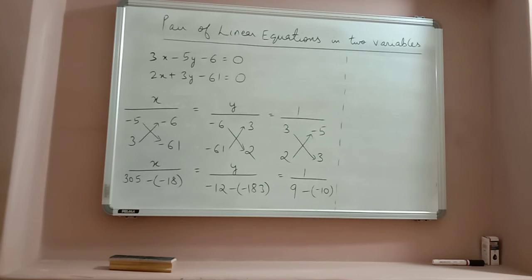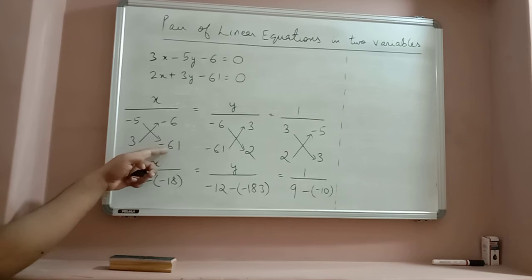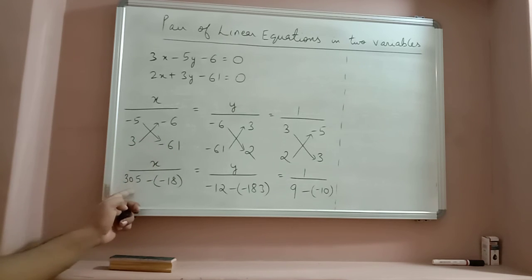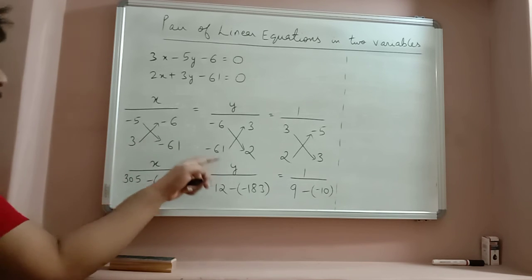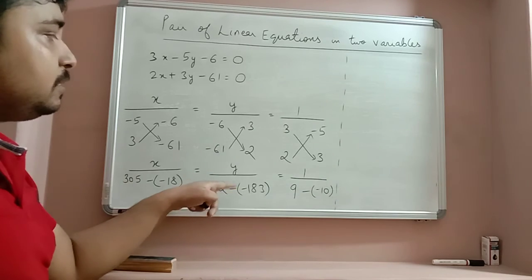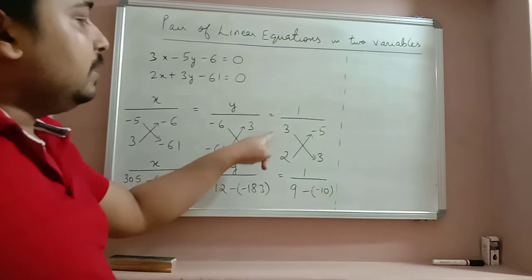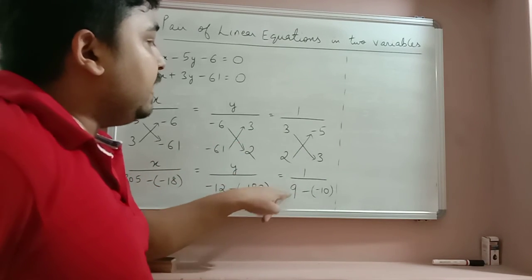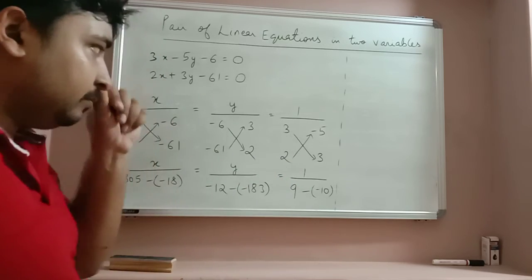Let's recheck our calculations. x divided by 305 minus 18, y divided by minus 12 minus 183, and 1 divided by 9 minus 10.